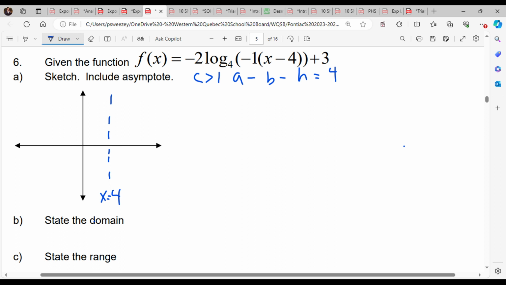Knowing that C is greater than 1 and that A is negative and B is negative, we know that it is going down and to the left, right? I do that arrow there again as a defining feature if A and B are negative. That's the way I would draw it out, but we could put arrows on either end of this when we're done. Why is that important? This has an actual domain of negative infinity to positive 4.